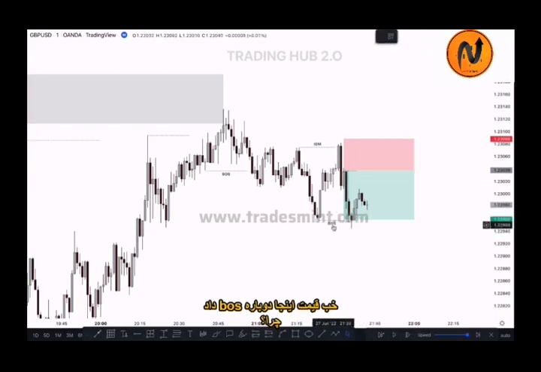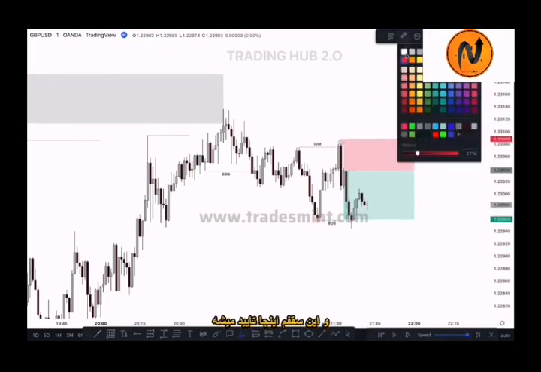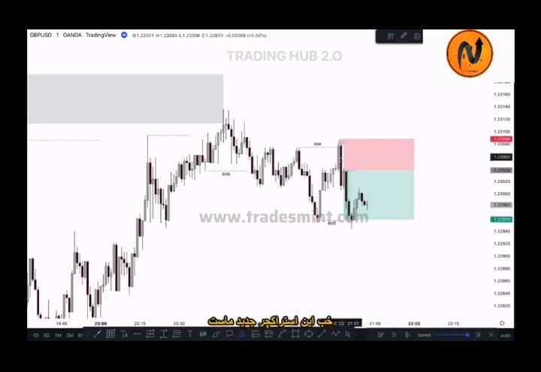Why is this structure? Because the market took out this first inducement, okay. So after taking out this inducement, this low is confirmed here, correct, and this high is confirmed here. So this is our new structure, and in this case the market did not close below it.